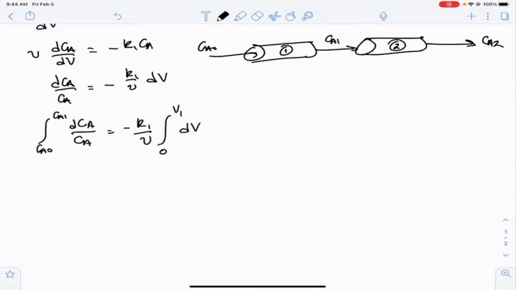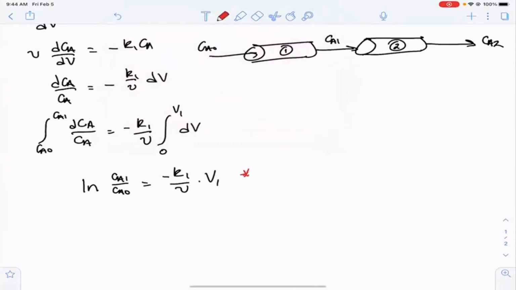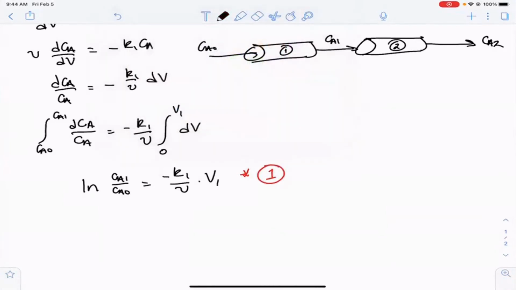And the result of this integral, of course, is just the natural log of CA1 over CA0 equals minus K1 over the volumetric flow rate times V1. Okay, so we're going to put a little star next to this and say that's the result coming out of reactor 1. Well, let's do the exact same thing for reactor 2.